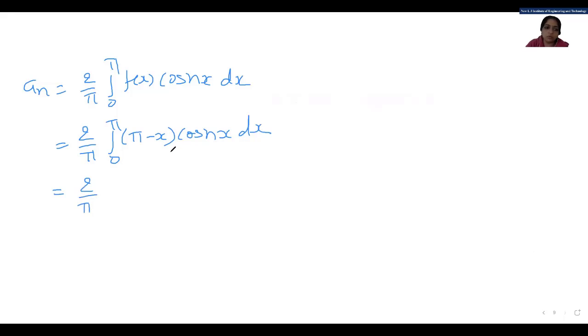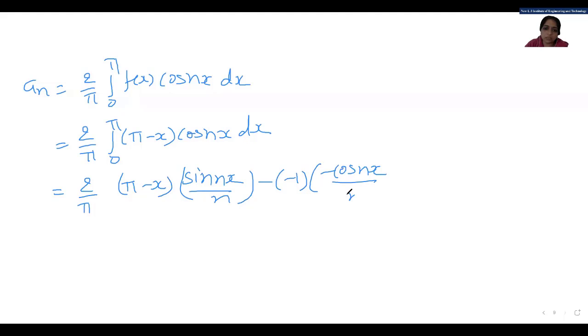So 2 by pi, you have to apply the Leibniz rule here. Pi minus x, keep it the same. Integration of cos nx is sin nx upon n, minus the derivative of pi minus x, which is minus 1, times the integration of sin nx, which is minus cos nx upon n square, right? And the limits are 0 to pi.